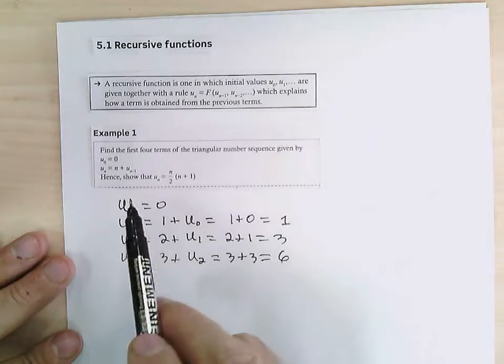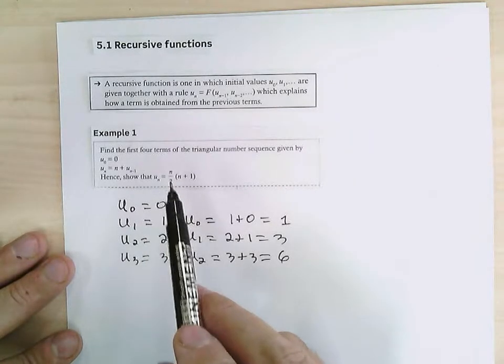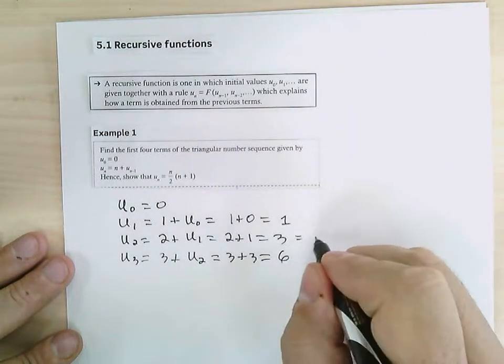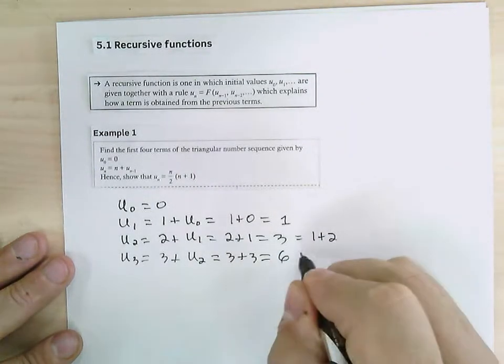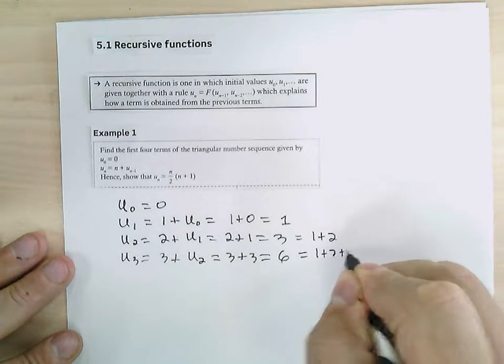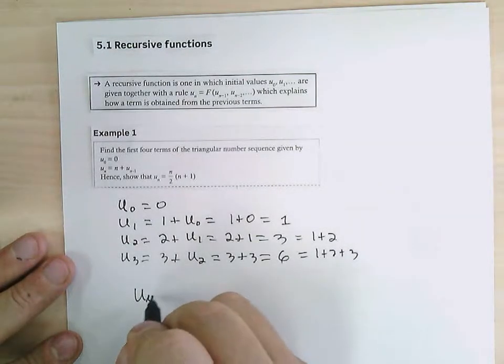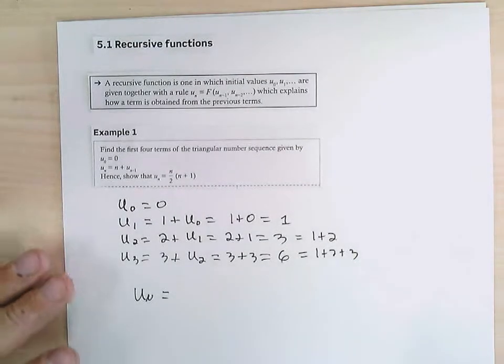And next it said show that u of n is equal to n over 2 times n plus 1, but you can see the first term is just 1. This one is equal to 1 plus 2. This is equal to 1 plus 2 plus 3, and so on. So it's just u of n summing up all the positive integers, right?